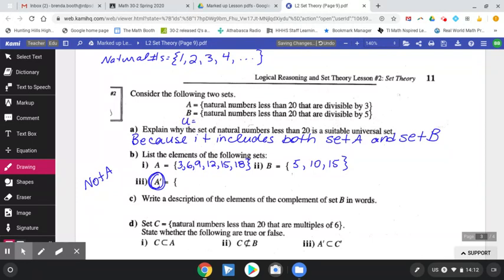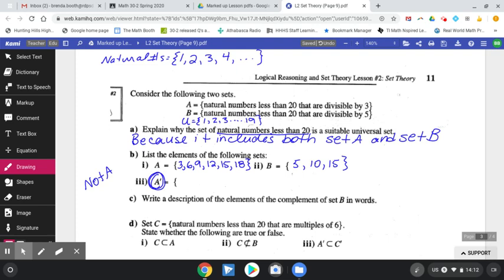So in part A, we said natural numbers less than 20 would be the universal set, so 1, 2, 3, and up to 19. So I'm going to look at that universal set. Anytime I need to find the complement, I always go back to the universal set. I'm going to pull out all the numbers out of the universal set that are not in set A.